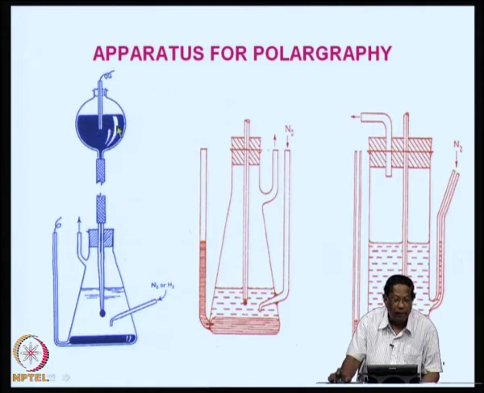This is all mercury, blue colored, and that mercury is connected to another electrode. So, this is cathode, this is anode. I have nitrogen or hydrogen passing through this solution and there is a means for escaping the dissolved excess gases. This is the basic apparatus for polarography.